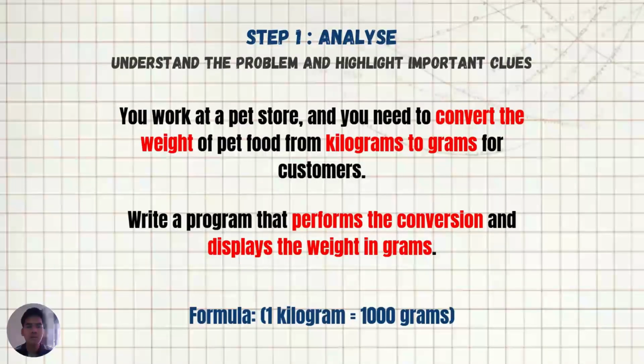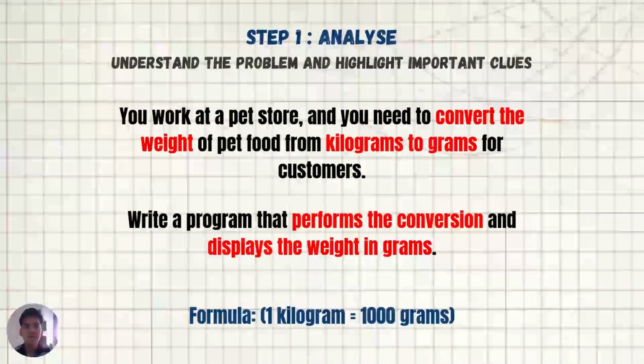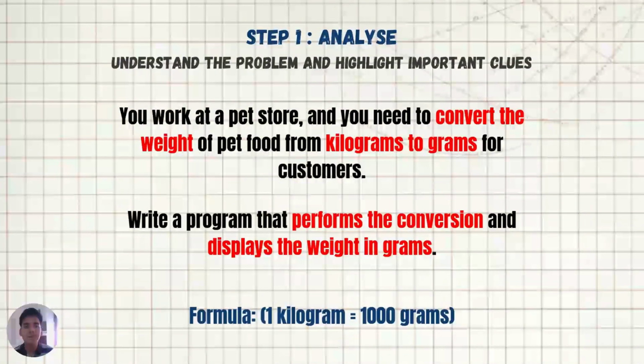The highlight in this question is to perform the conversion and display the weight in grams, which means we need to type the kilograms first, and then the program will display the weight in grams. So the formula is 1 kilogram equals 1000 grams.